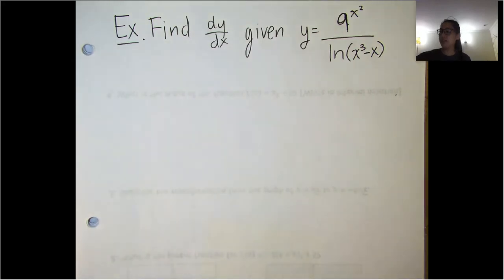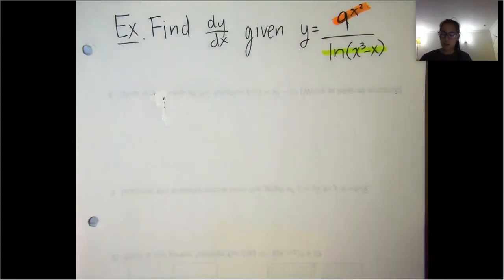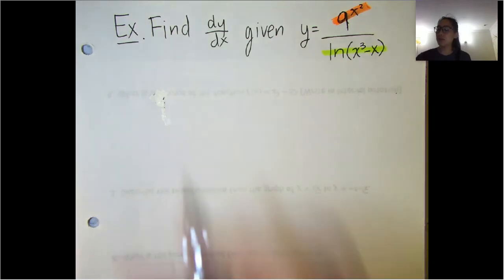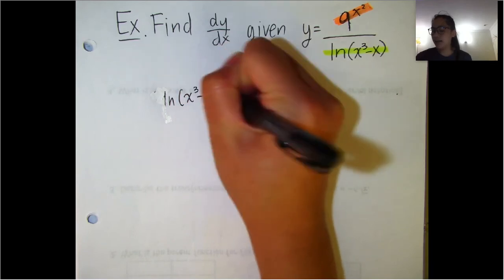So we know that this is low and this is high. I highlight anything that's the original function, and then I underline with the same color anything that's the derivative. So we start with low, which is ln of x cubed minus x. That's low.